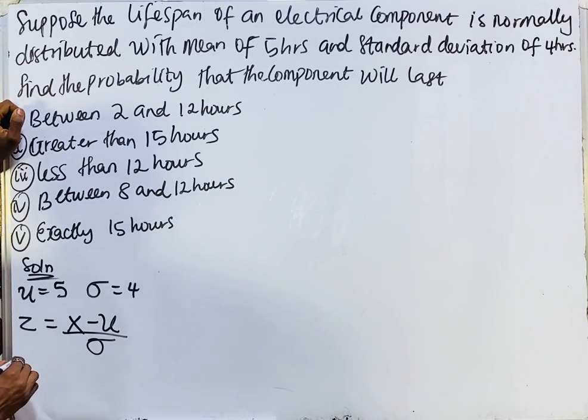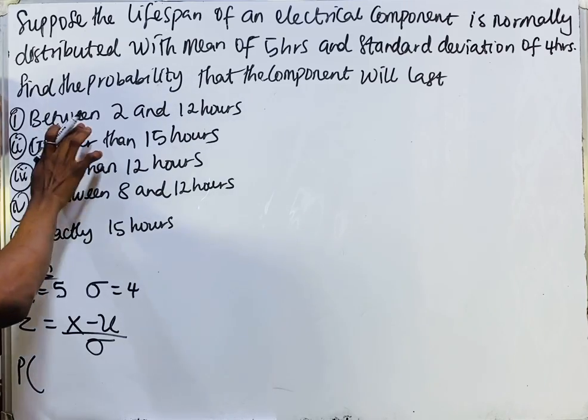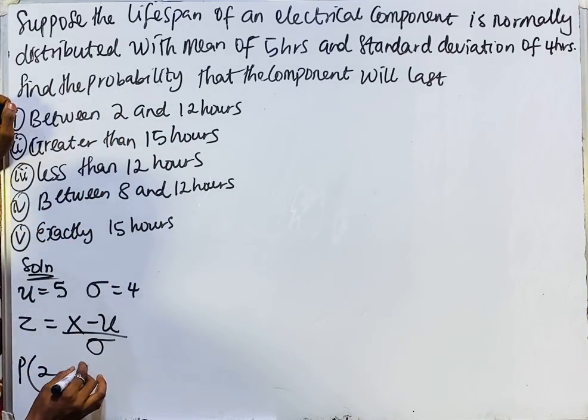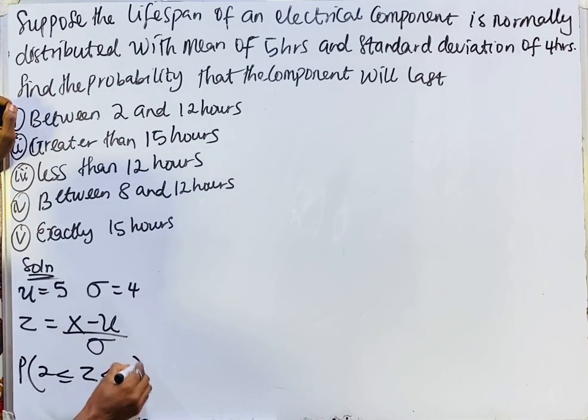So representing this between 2 and 12 hours will be 2 less than or equal to X, less than or equal to 12.